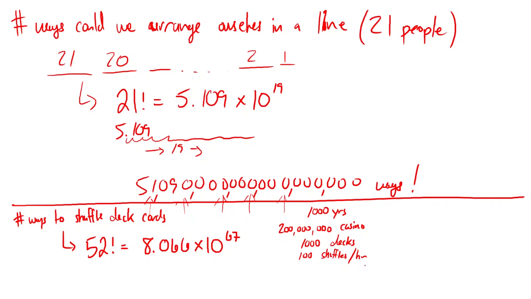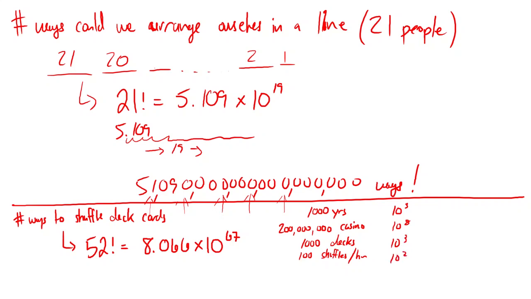Because let's say they were doing 100 shuffles per hour, and we've been doing it for 1,000 years. So 1,000 years is 10 to the third. 200 million is on the scale of 10 to the eighth. 1,000 decks is 10 to the third. And 100 shuffles per hour is 10 squared.